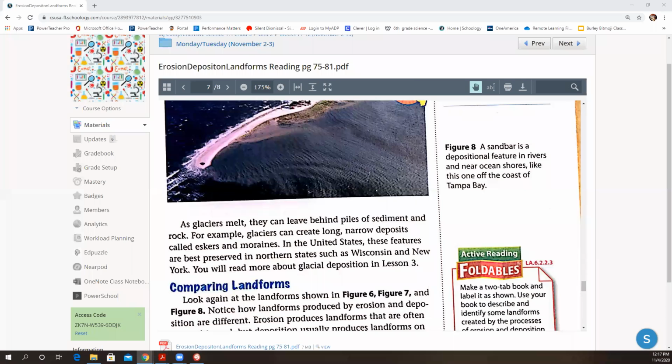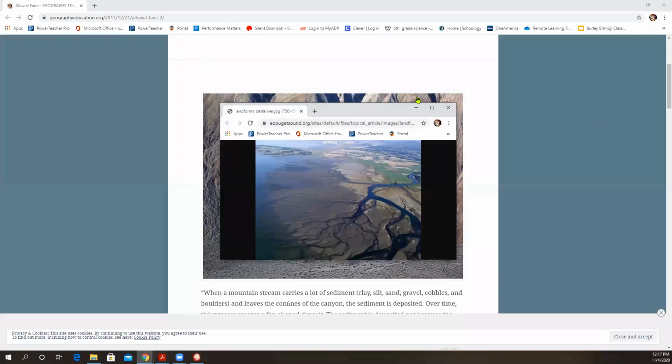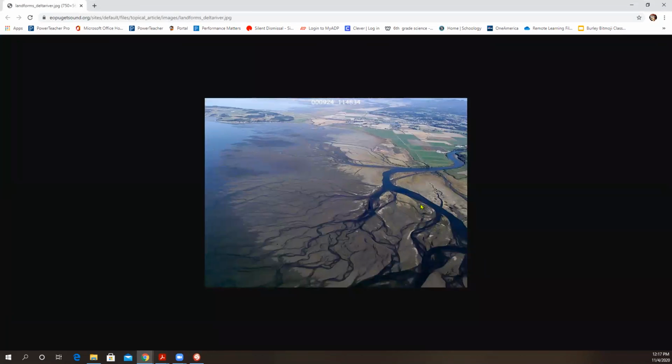And then here's a picture of a delta. You'll notice the difference is it kind of looks like a fan, but there's multiple openings. So here's the river. The sediment moves along the river.